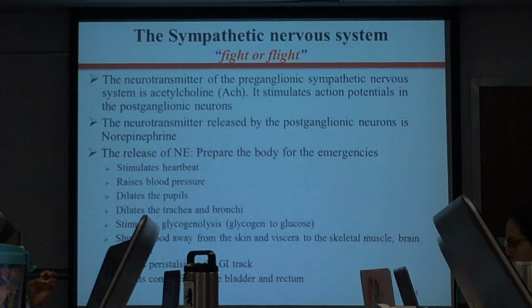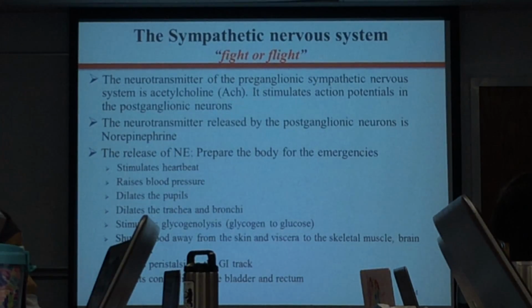The neurotransmitter in this system is acetylcholine in the preganglionic projection pathway, and norepinephrine is the neurotransmitter in the postganglionic pathways.